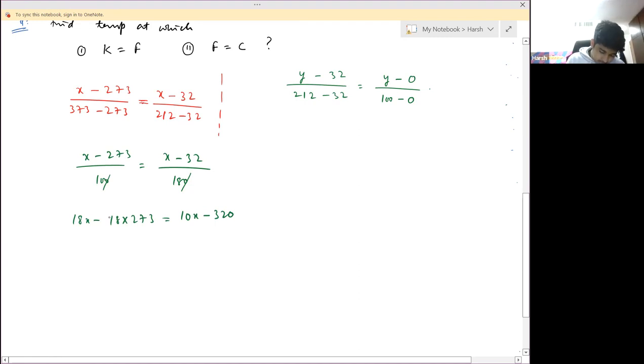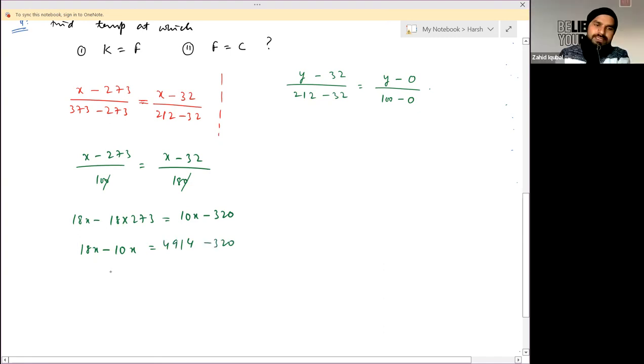Now move this 10x to the left side and this part to the right side. So 18x minus 10x equals, just multiply this part, 18 into 273, and then minus 320.